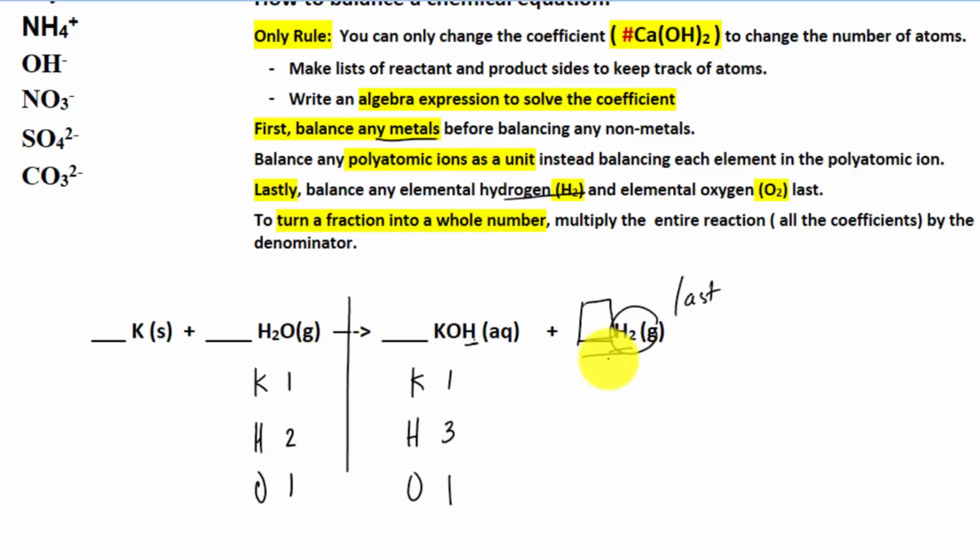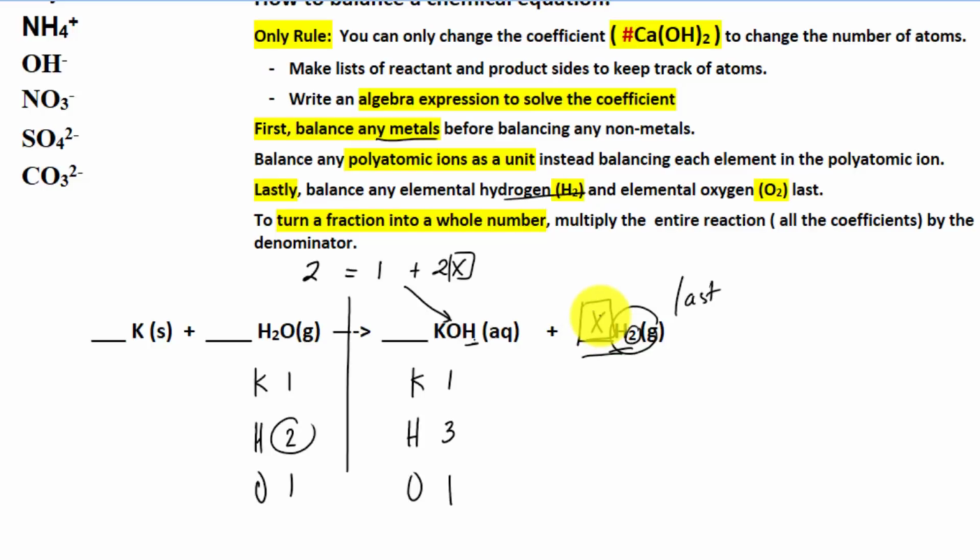First of all, we know that this side has 2 hydrogen. And over here, what do we have? We have 1 hydrogen coming from this one right here. But over here, we have a subscript right there. We can say that this is 2x, where the x is going to be this one right here.